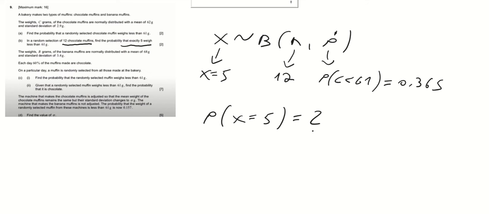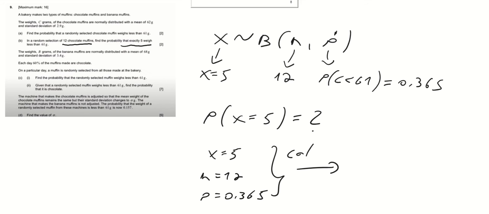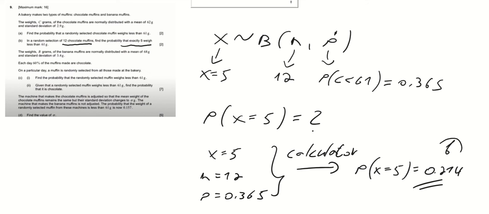So we input X equals 5, N equals 12, and P equals 0.365, and the calculator gives the answer 0.214. This is the answer to B.